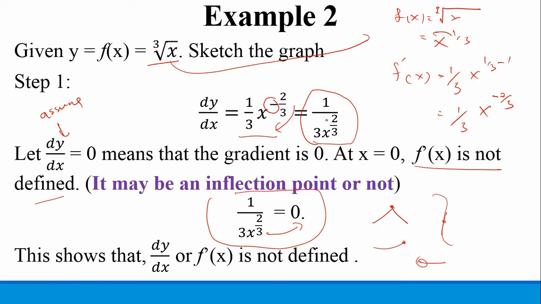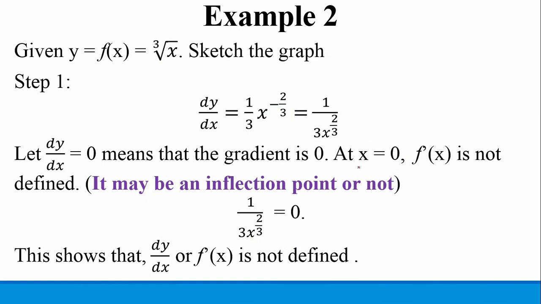For this case I say that x is equal to 0. When x equals 0, 1 over 0 is undefined. If you put the power of 1 over 3, which is negative 1 or 2, you still get a value, so it's defined, but it becomes undefined when x equals 0.